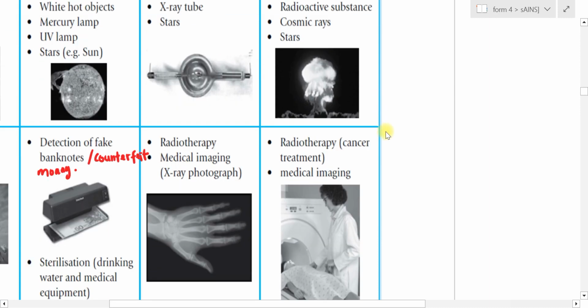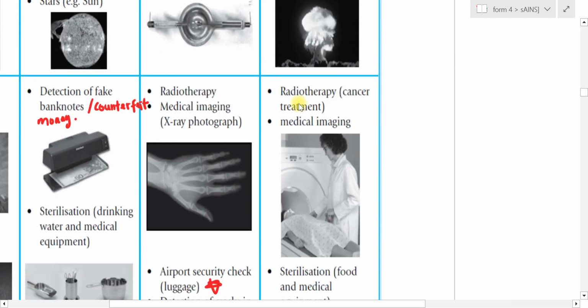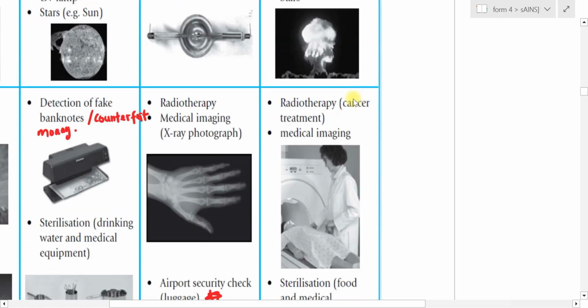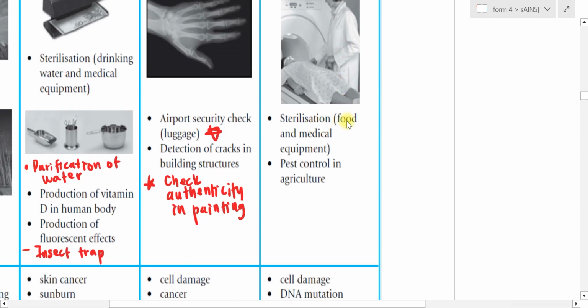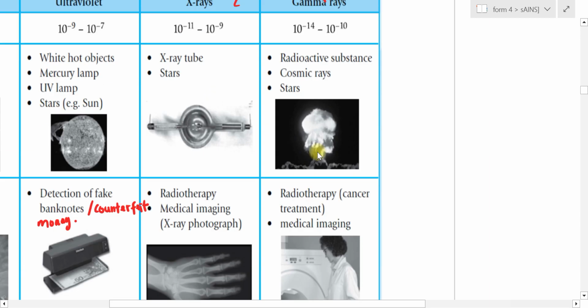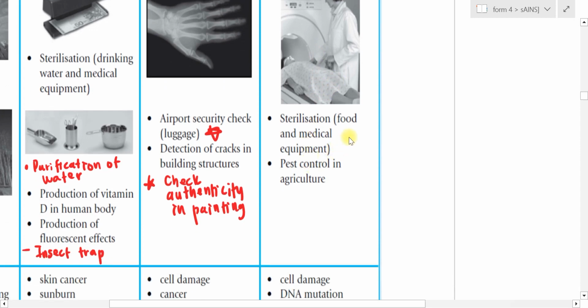Contoh star. Okay. Radioterapi, kita gunakan gamma ray untuk radioterapi for cancer treatment. Kill cancer cell lah. And then sterilization in food and medical equipment, kita guna gamma ray. Kita bunuh mikroorganisma dalam food, dalam medical equipment. Also in pest control in agriculture by making the male pest infertile and also kill the beetles, for example lah.